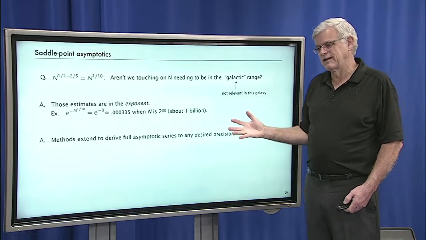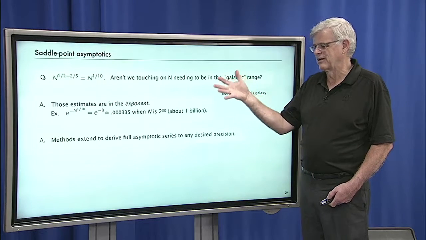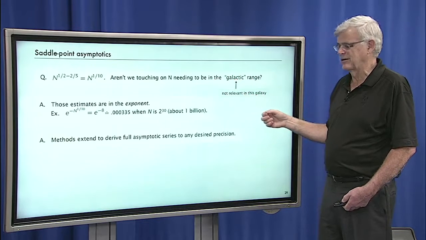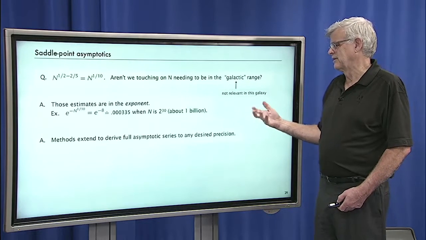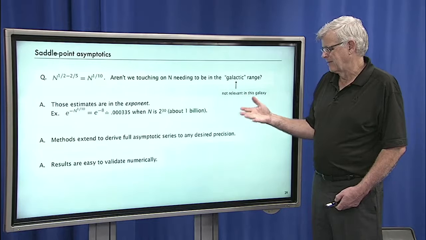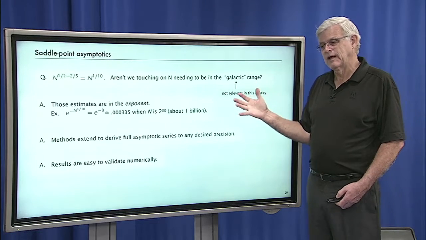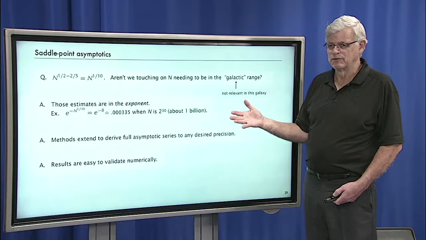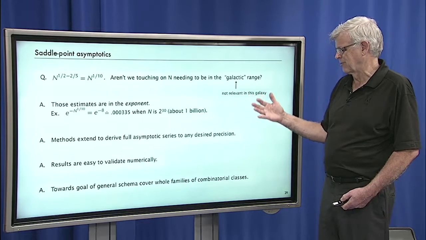The other thing is that I'm doing a quick illustration here. We can get full asymptotic series to any desired precision using these methods. And also, when we get the answer out, we can validate it numerically, which we usually do for problems of this sort.